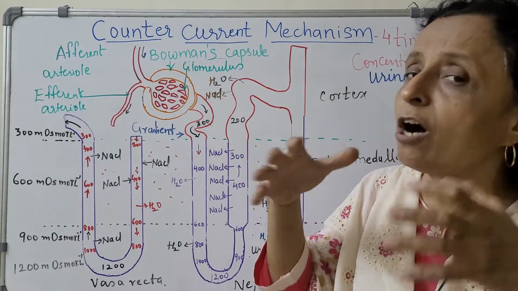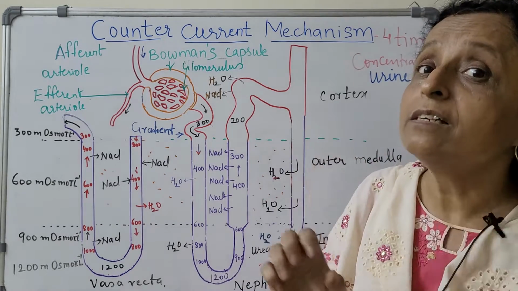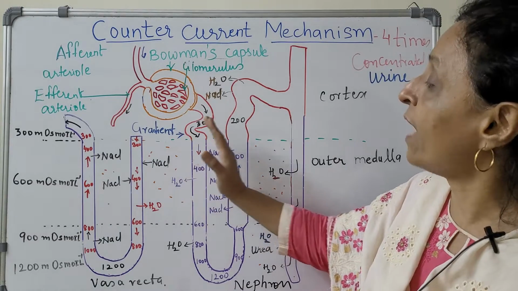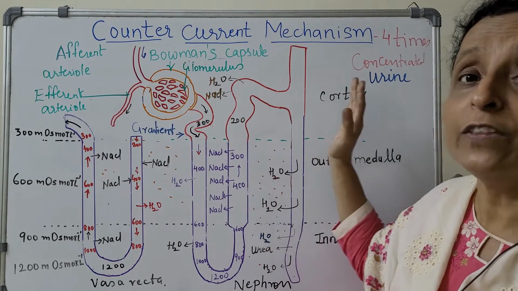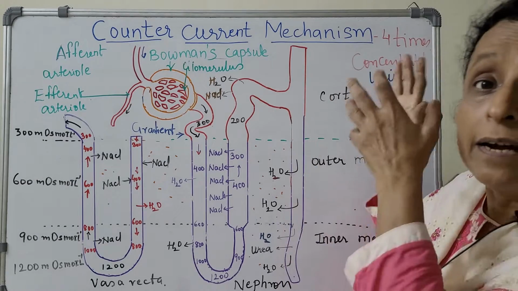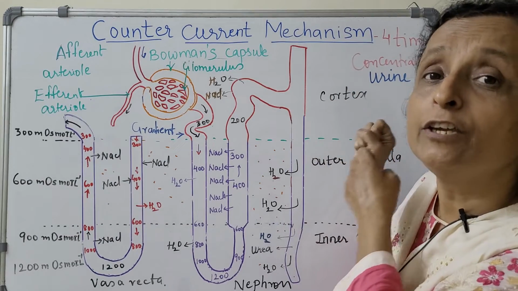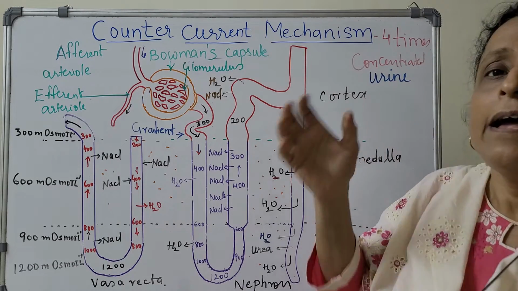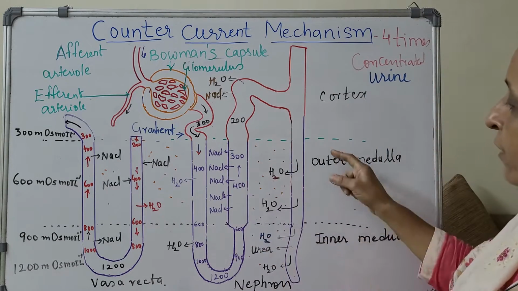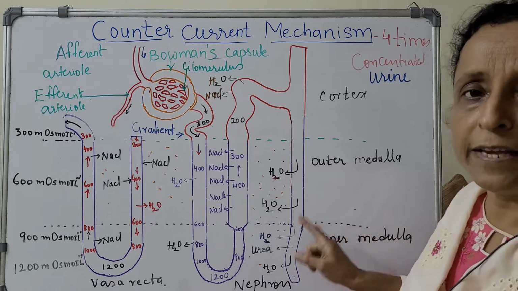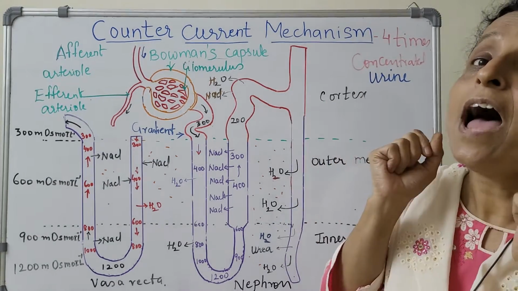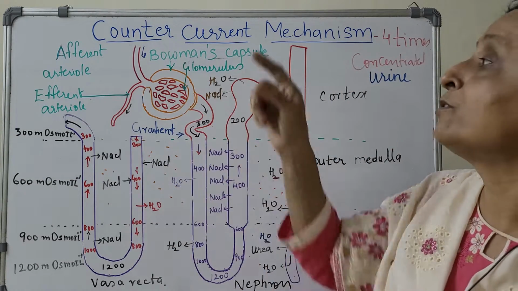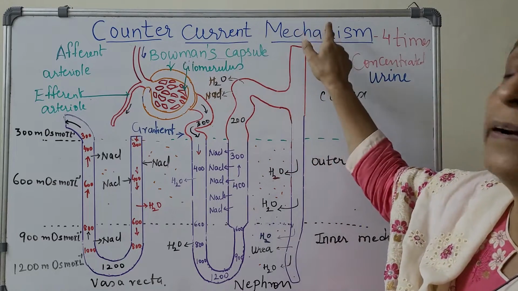That concentration has to be maintained, which is very important, so that the function of the collecting tubule helps in concentrating the urine. So this counter current helps in absorption of water. Absorption of water takes place in the collecting tubule, and the urine is concentrated 4 times due to this counter current mechanism.